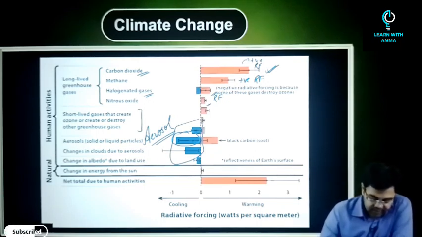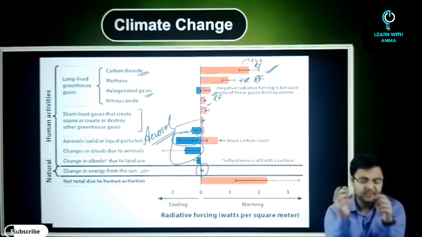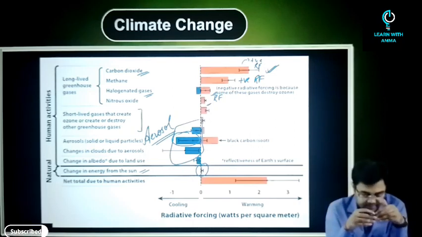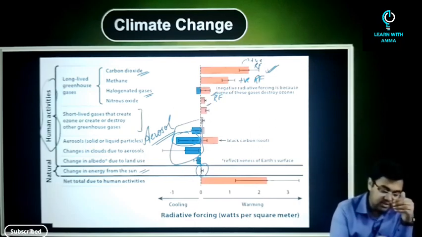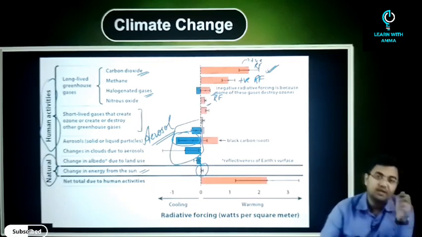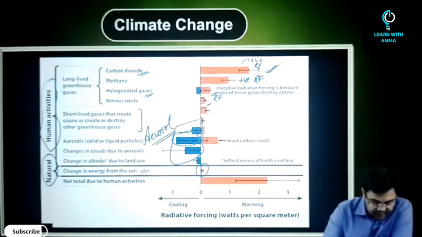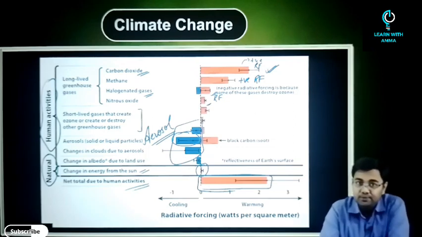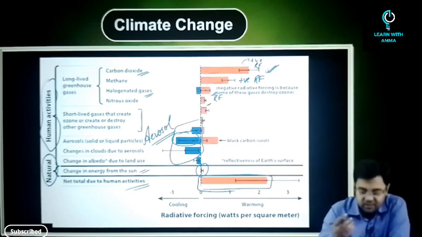Now, a very small amount of positive radiative forcing is also happening due to change in energy from the sun. But if you look at the net, these are the things which are happening due to human activities, and this small component is natural. So if you look at the net total due to human activities, we have such a huge amount of positive radiative forcing. What is the meaning of positive radiative forcing?